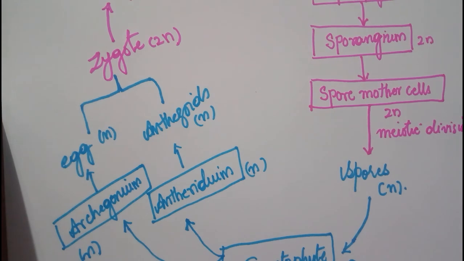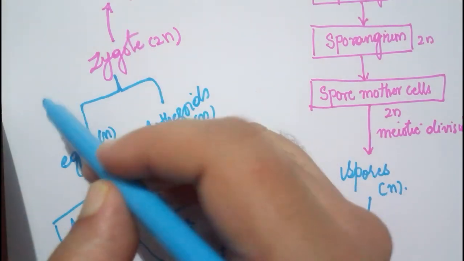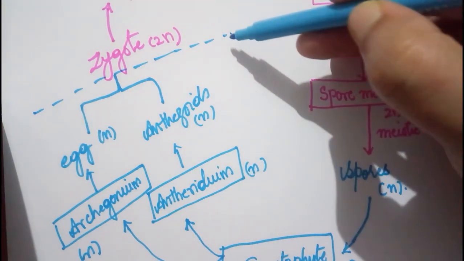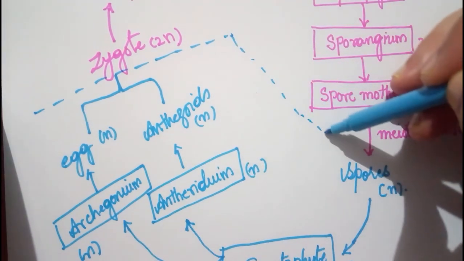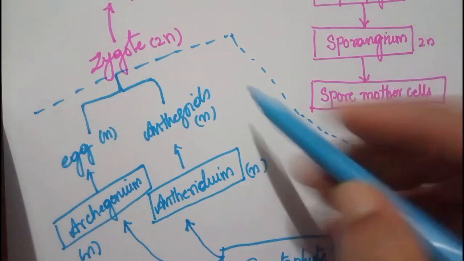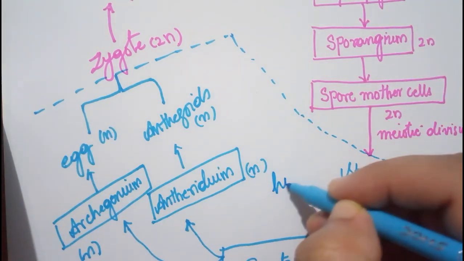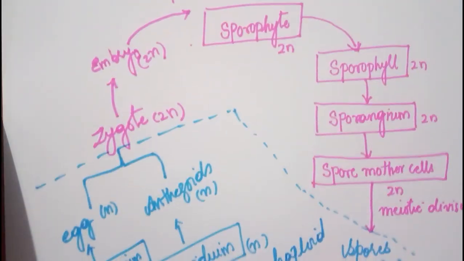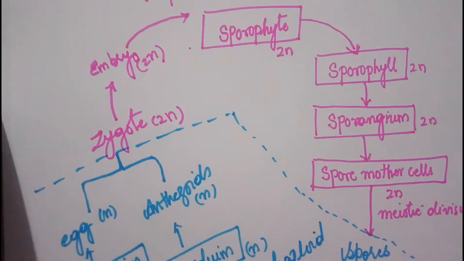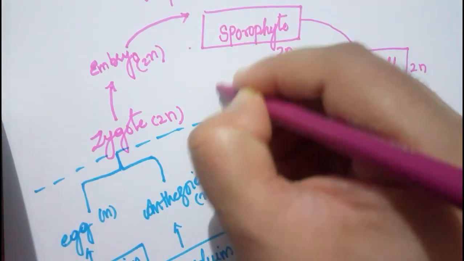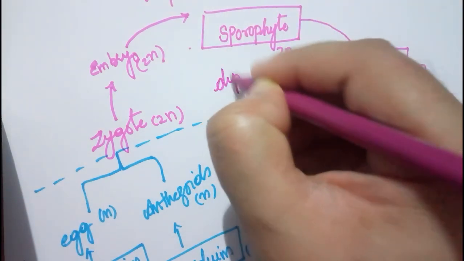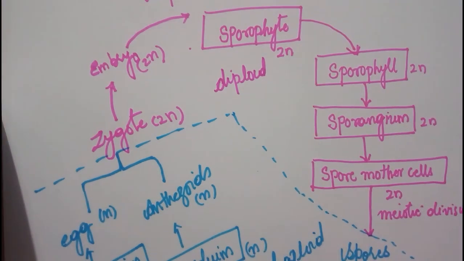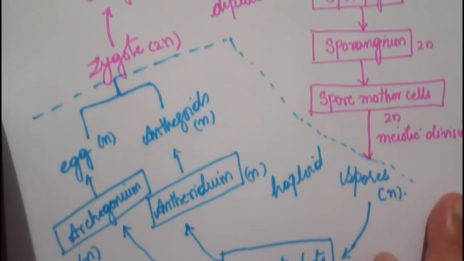Now you see this entire blue color portion, from here till here, is all the haploid phase, and this pink color portion is completely diploid phase. So if you see the complete life cycle, equal numbers of haploid stages and diploid stages are present here.